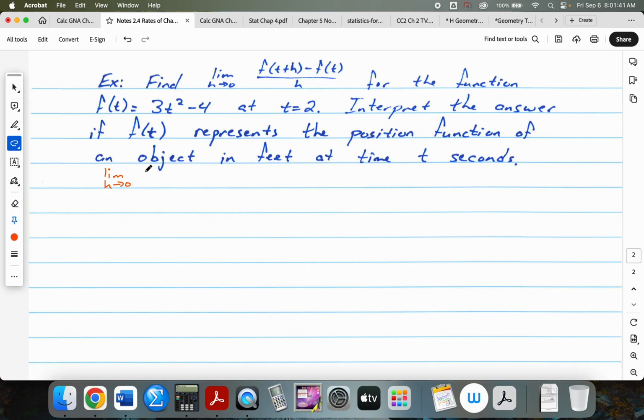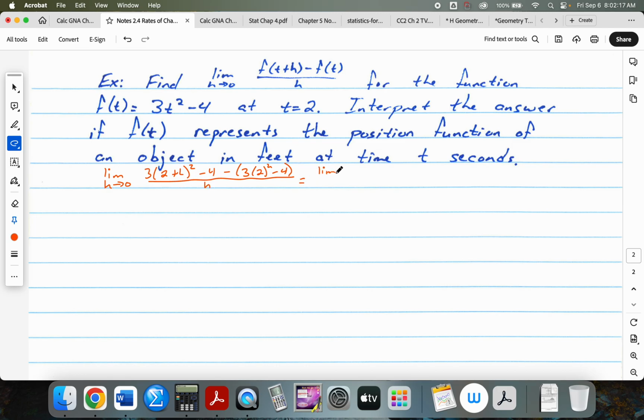But for time's sake, I'm just going to go ahead and go, all right, 3 times 2 plus h squared minus 4 minus 3 times 2 squared minus 4. Got to be really careful with parentheses here. We need to set a parentheses around the 3 times 2 squared minus 4 because we're subtracting all of that, all over h.